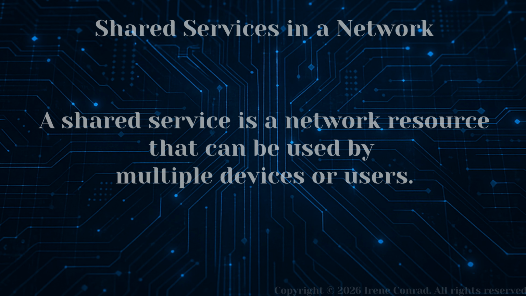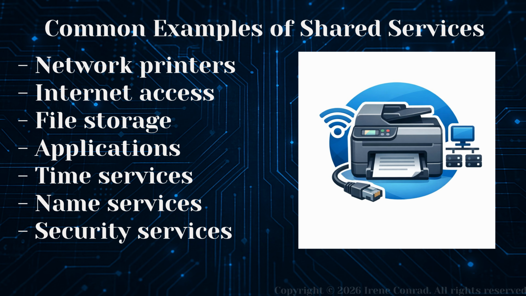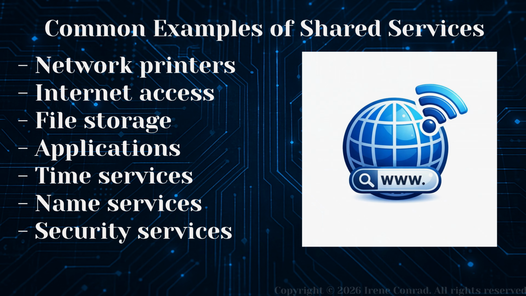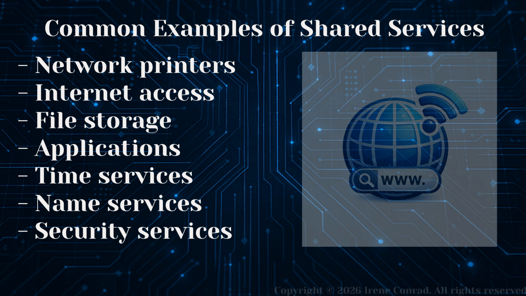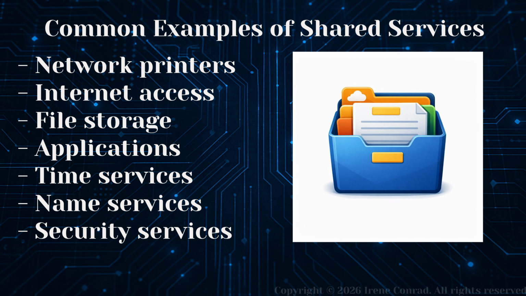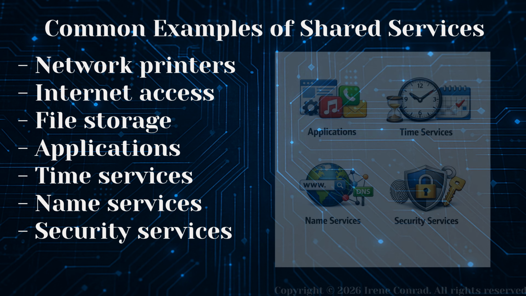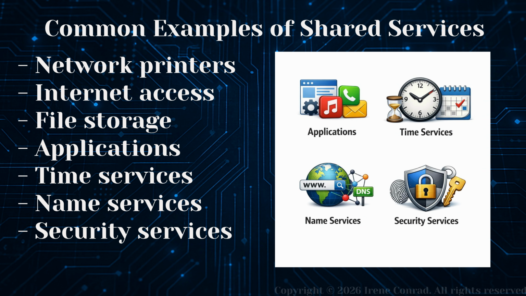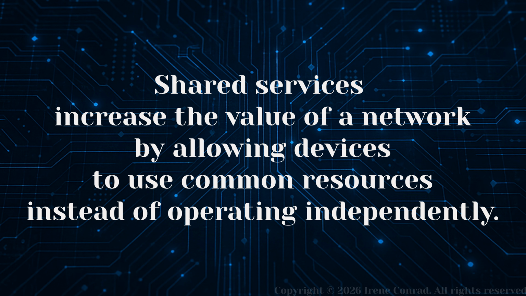Now let's look at shared services. A shared service is something on the network that multiple devices can use. A printer is a shared service. Internet access is a shared service. File storage can be a shared service. Applications, time services, name services, and security services can also be shared across a network. This is one of the biggest reasons networks are so useful.